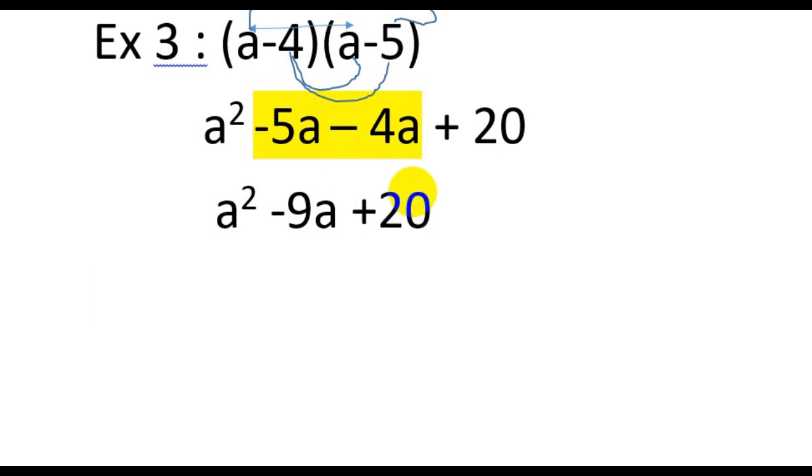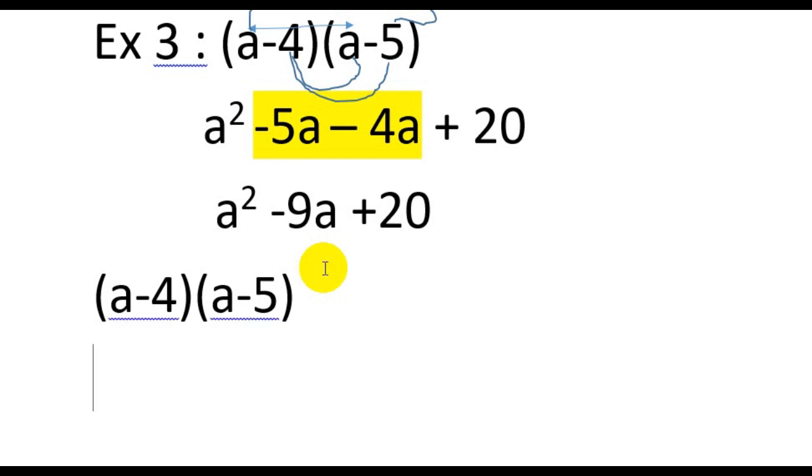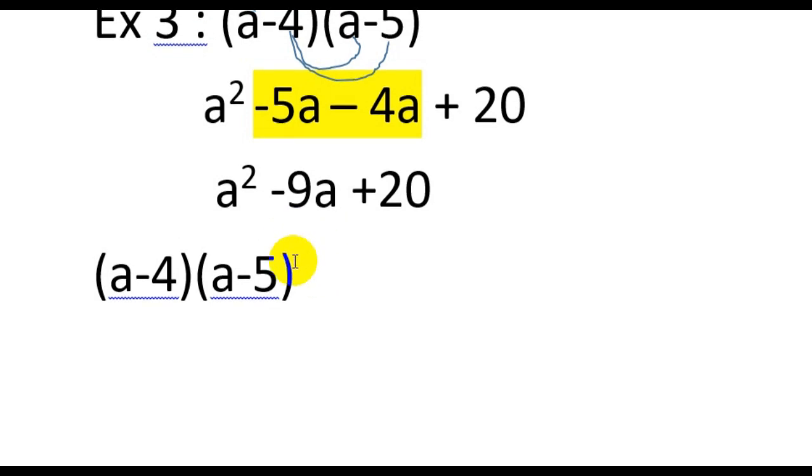The same question, if you want to write the answer with one more step, you can do it in this way: a minus 4. Actually, you can do this during your first stages when you are practicing these questions. Once you get familiar with it, you don't need to write in detail.